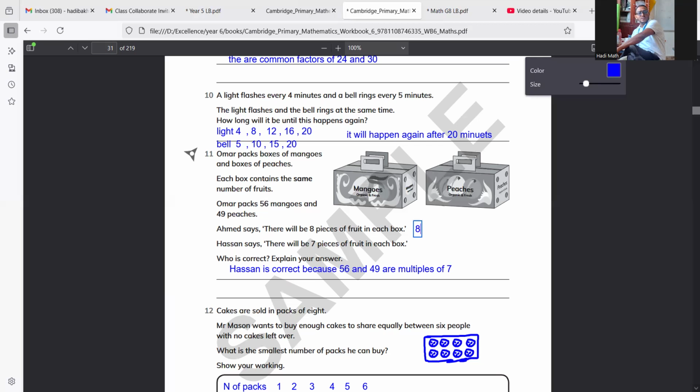8, 16, 24, then 32, then 40, 48, 56. These are the multiples of 8. Let's go for 7: 7, 14, 21, 28, 35, 42, 49, 56.